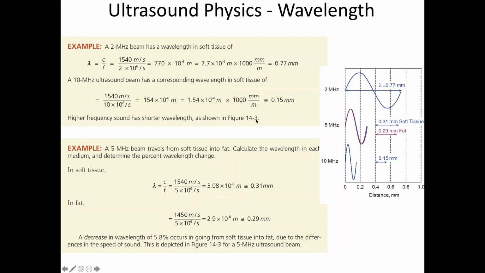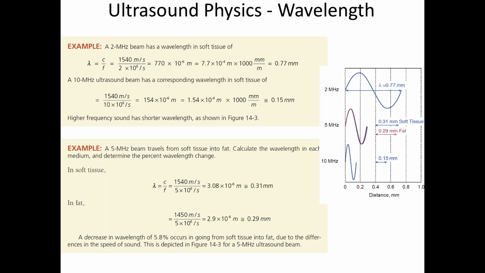Okay, so here's just an example problem of figuring out, at a specific frequency, what the wavelength of a sound wave in tissue is. It gives you an idea of what frequency we should use to make an image with sound in tissue.